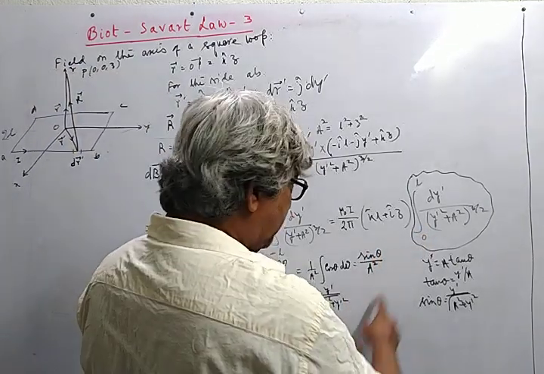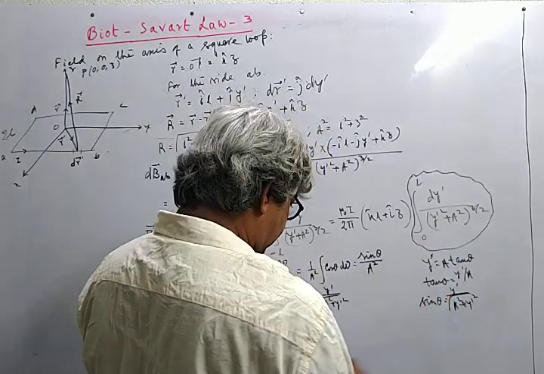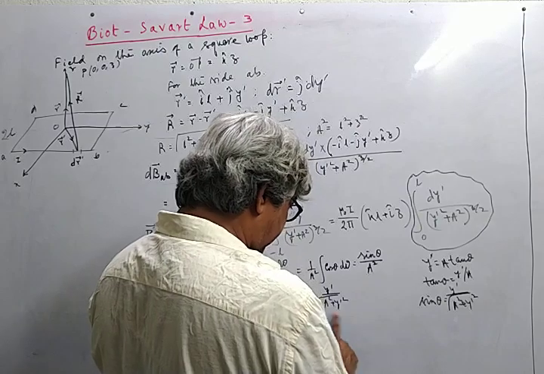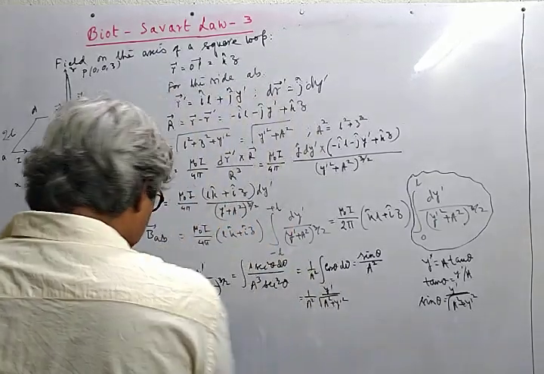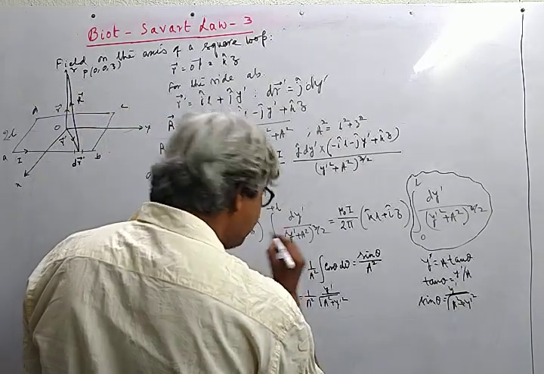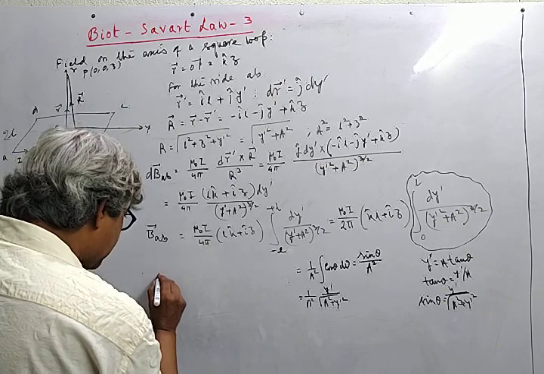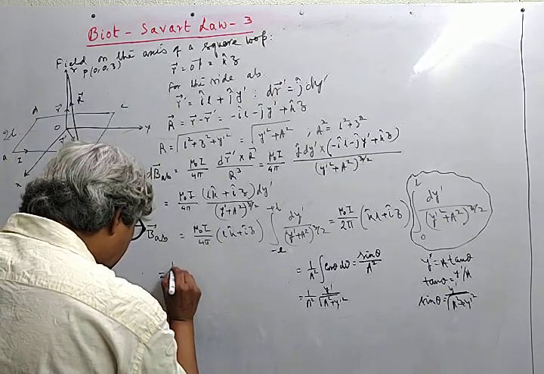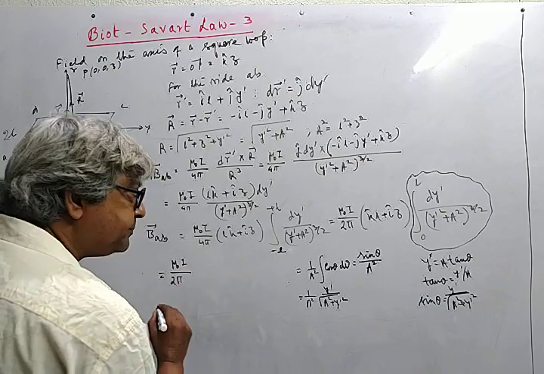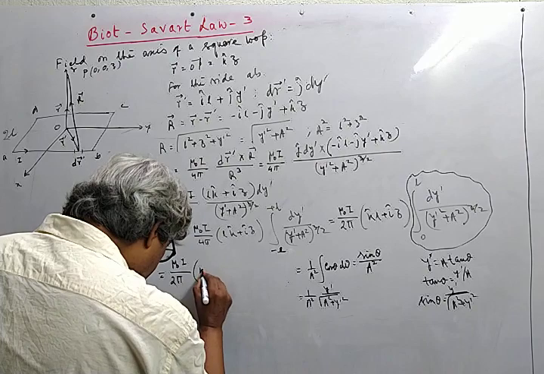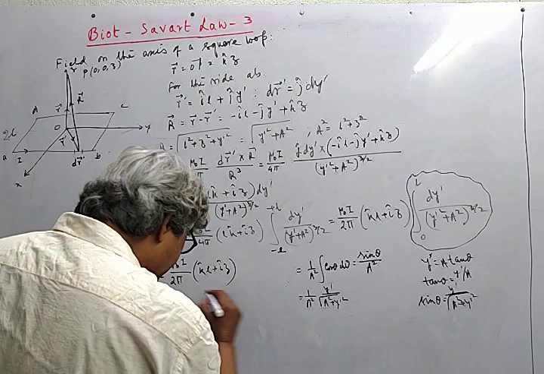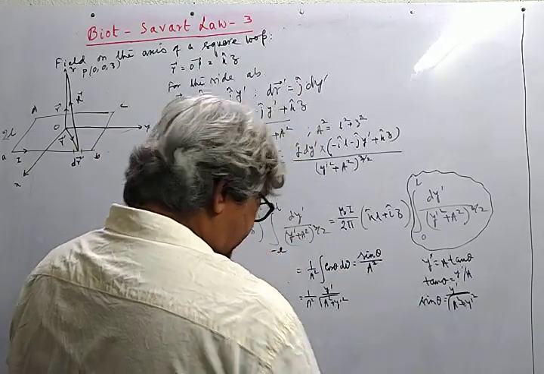So if we want to replace this marked part, it will be within the limits 0 to L. The 0 part doesn't contribute, so the L part contributes. So the field is mu 0 upon 2 pi (k cap L plus i cap Z) times this quantity.